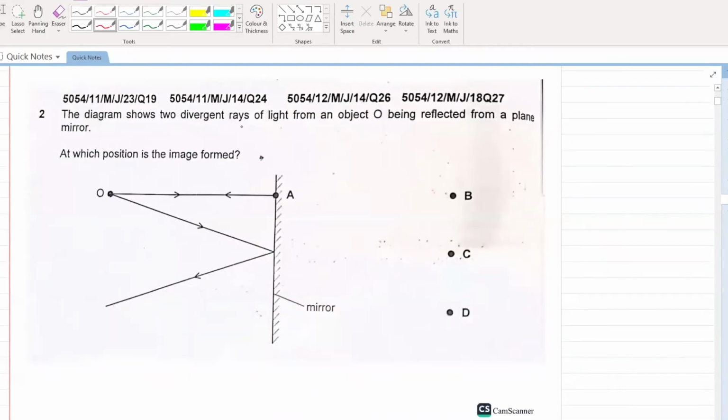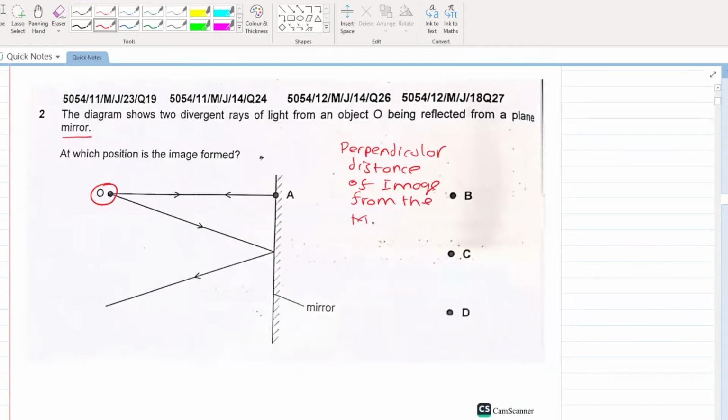The diagram shows two divergent rays of light from an object at O. So this is your object at O being reflected from a plane mirror. At which position is the image formed? Okay. So what have we studied? The perpendicular distance of the image from the mirror is the same as what?